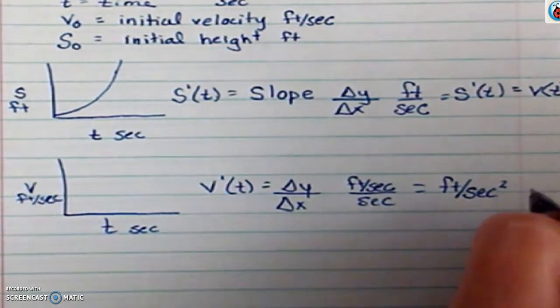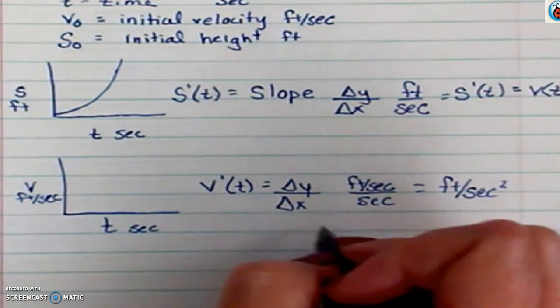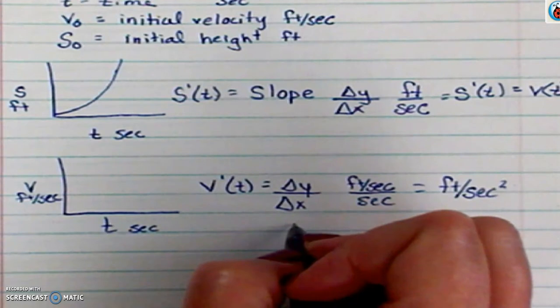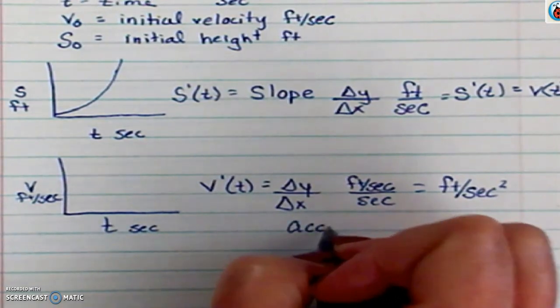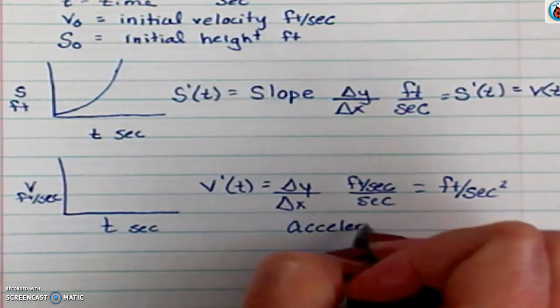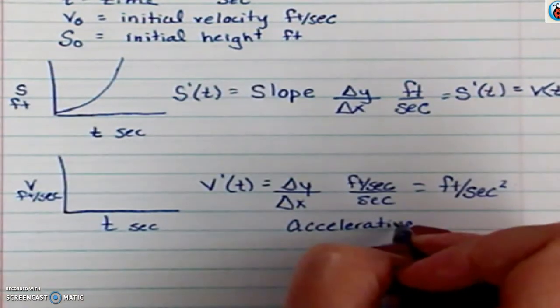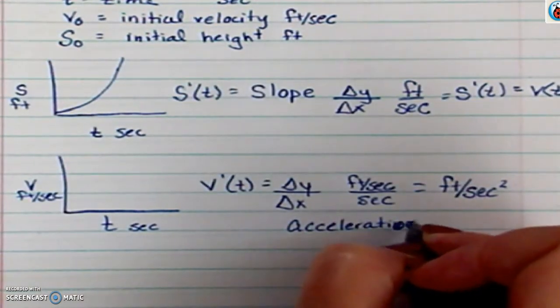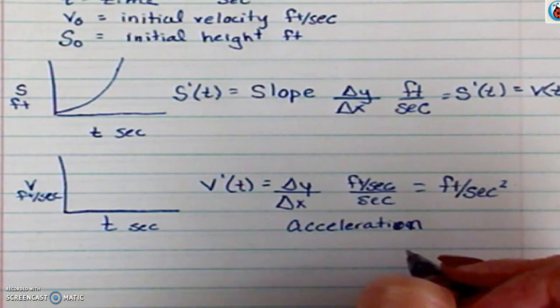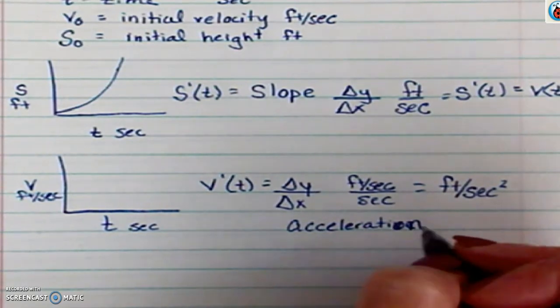And if you remember from science class, that means the same thing as acceleration. So the second derivative of distance means acceleration.